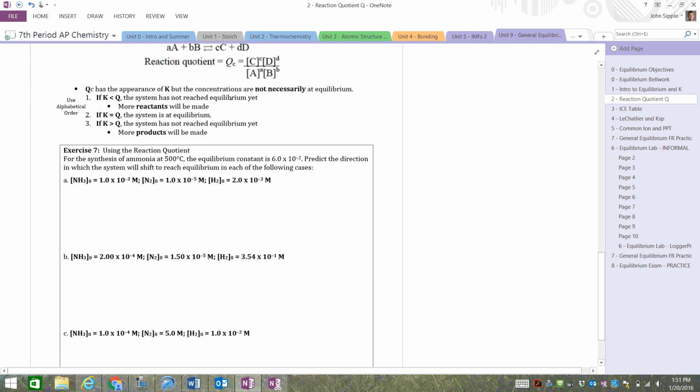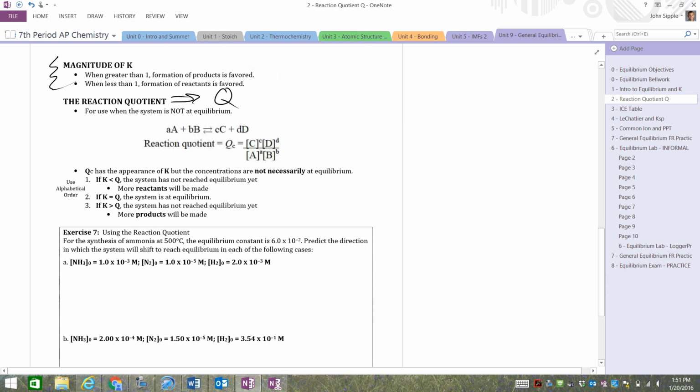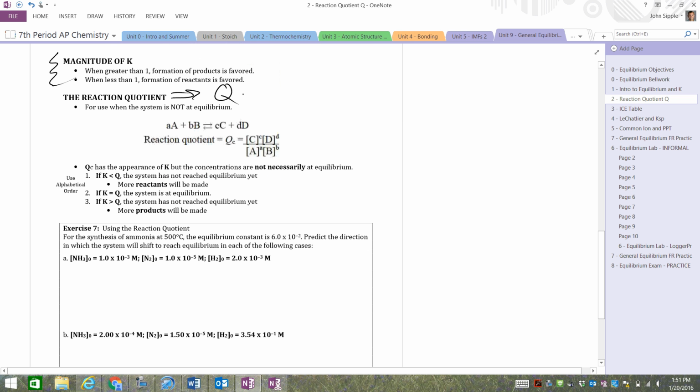What Q is really doing for us is giving us a snapshot of the reaction. It identifies whether reactions are at equilibrium or not.